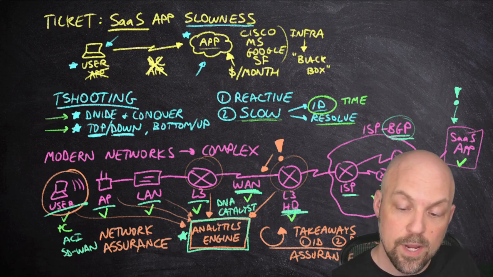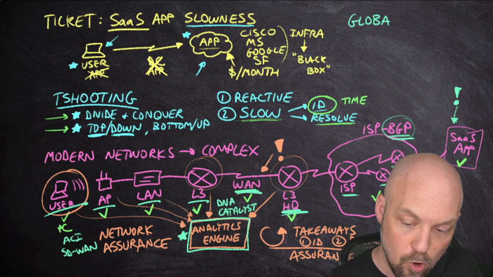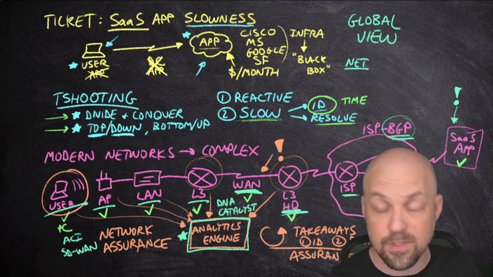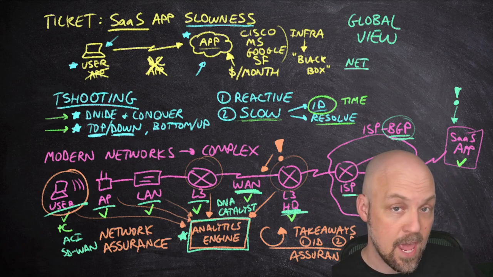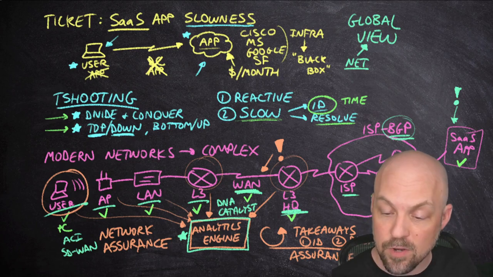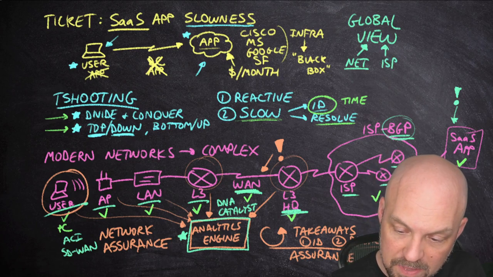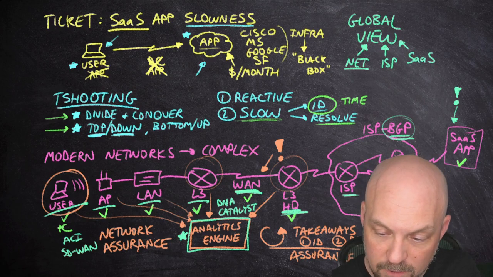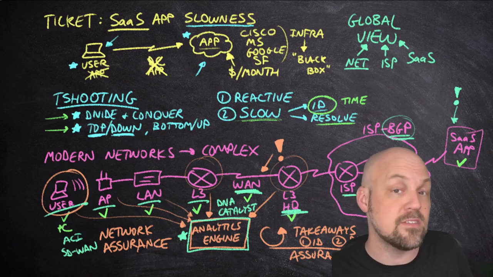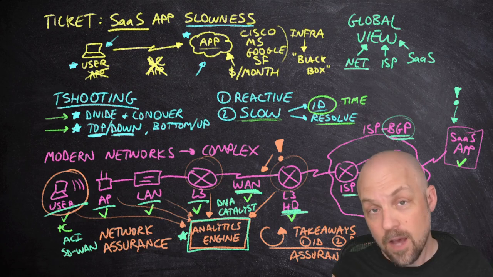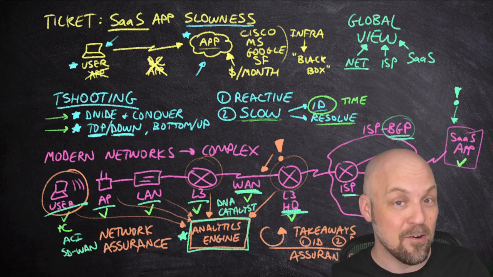What we need is ideally a global view. And this global view needs to, yes, take my own network into account and all of the pieces of my network, whether that's the campus or the data center or all of the above, but I also need to take information from the internet service providers. I need to take information from the popular SaaS providers and help me to see what's happening end to end so that I know everything about anything that I want to know about.